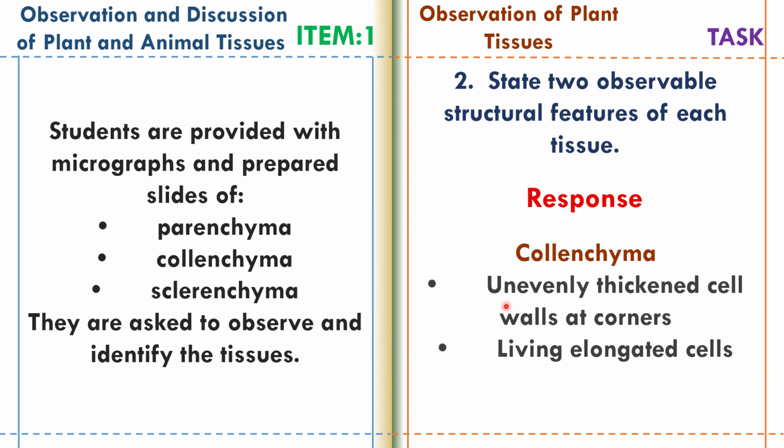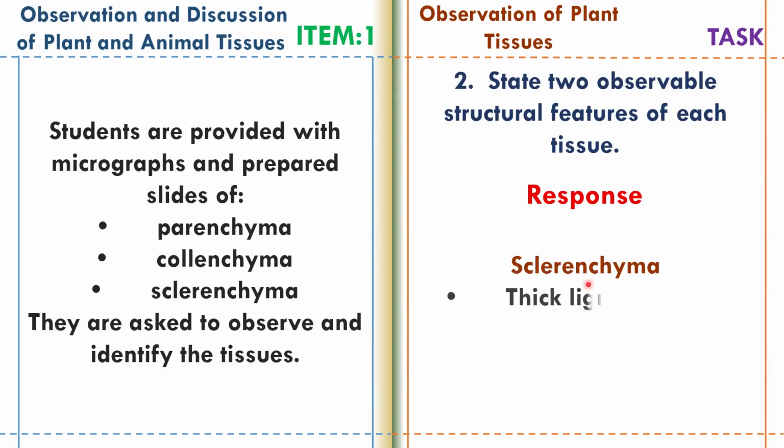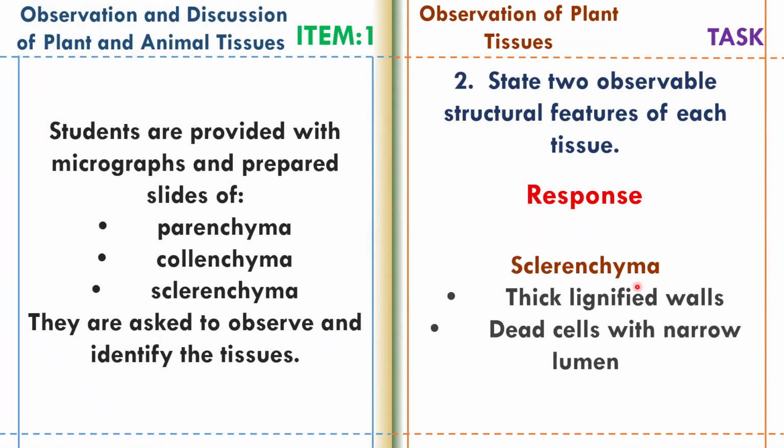They have unevenly thickened cell walls at corners, leaving elongated cells. Sclerenchyma. They have thick lignified walls. They contain dead cells with narrow remains.